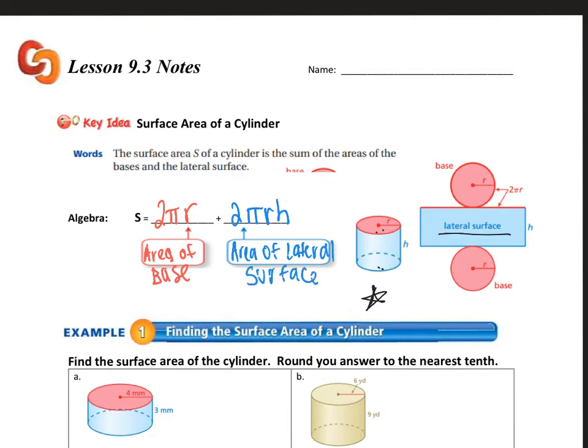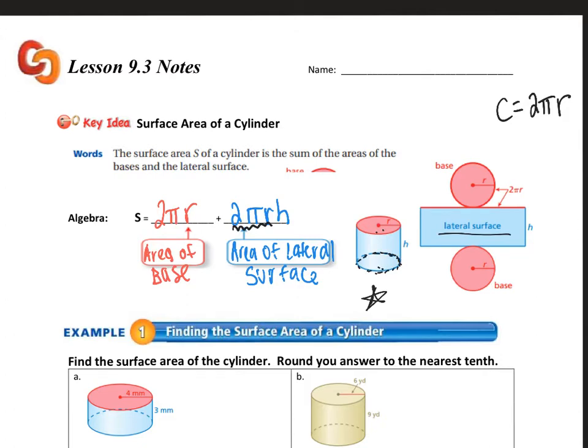Part of that formula should look very similar to you. This 2 pi r, remember, that is the formula for circumference, 2 pi times the radius. Why would we need to find the circumference of this circle?